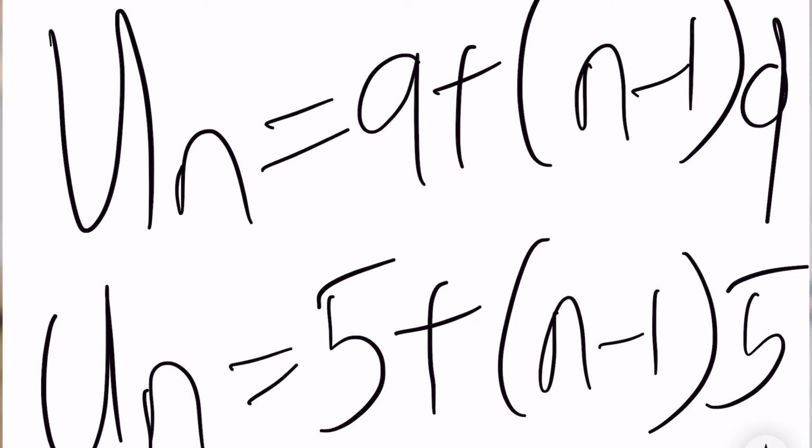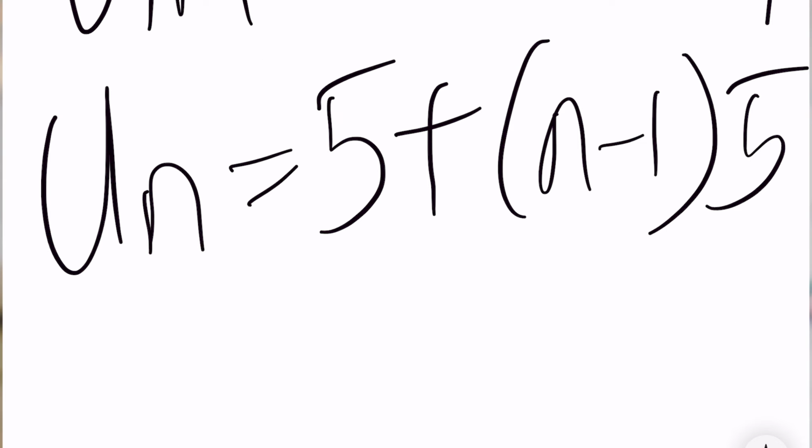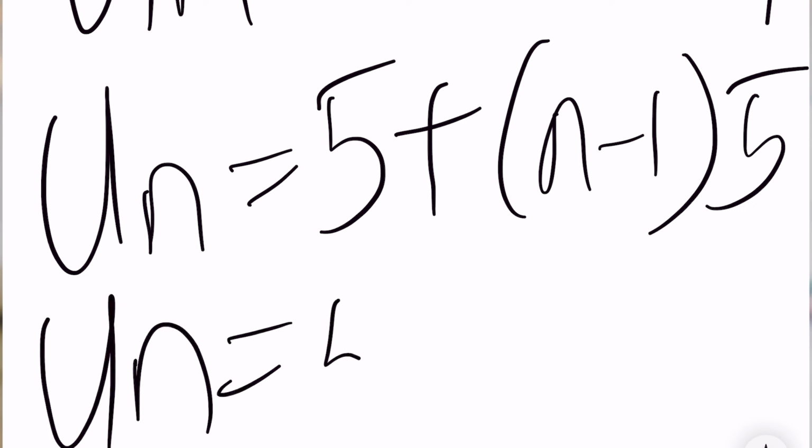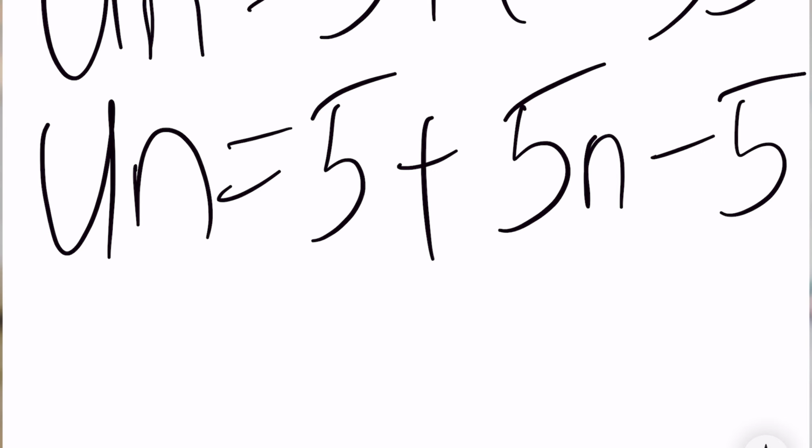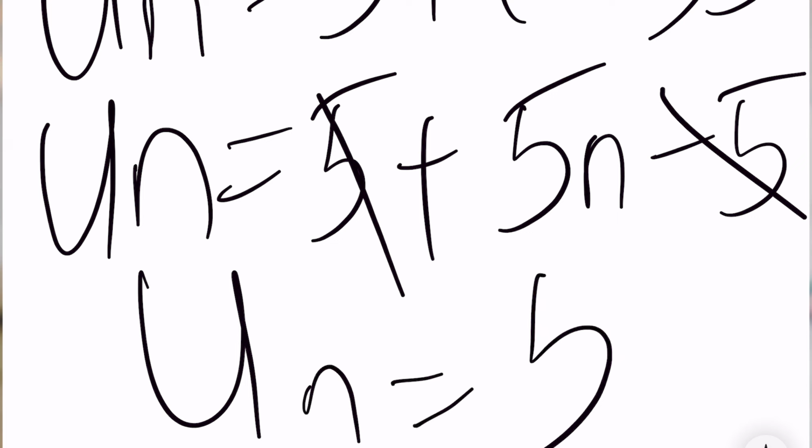Now when we multiply, we have un equals 5 plus 5n minus 5. So this 5 will cancel this 5, and we have our un to be 5n. So our un here is 5n.